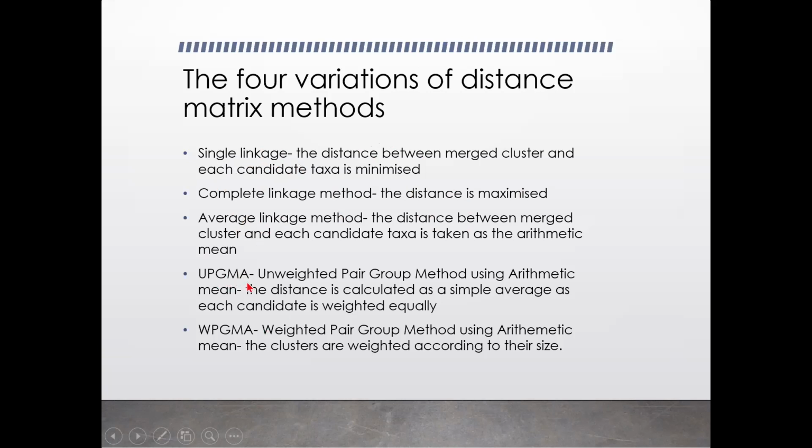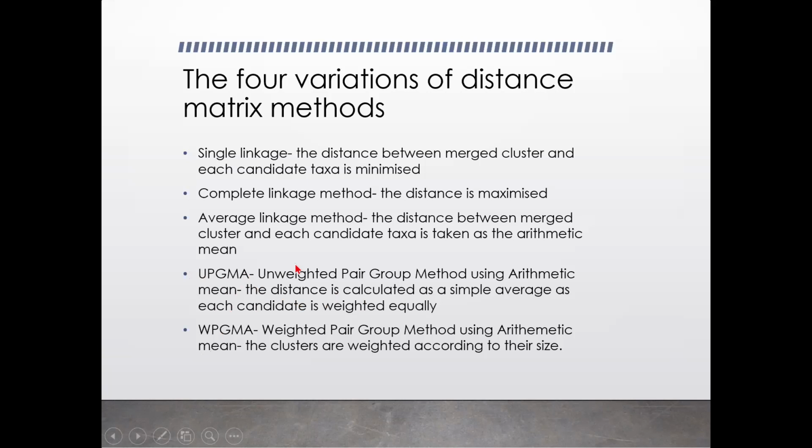UPGMA is nothing but the unweighted pair group method using arithmetic mean. Here, the distance is calculated as a simple average and each candidate is weighted equally.